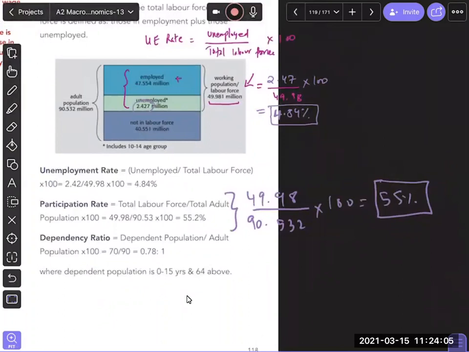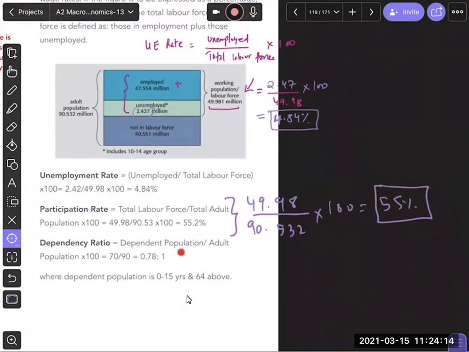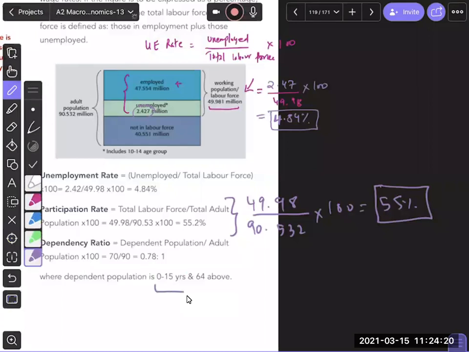Higher participation rate could also lead to a lower dependency ratio. What is dependency ratio? Dependent population is your population that is between 0 to 15 or above 64, those who we do not require to work. If you're retired, or you are under 15, you should not be working according to the laws, and therefore that's your dependent population.